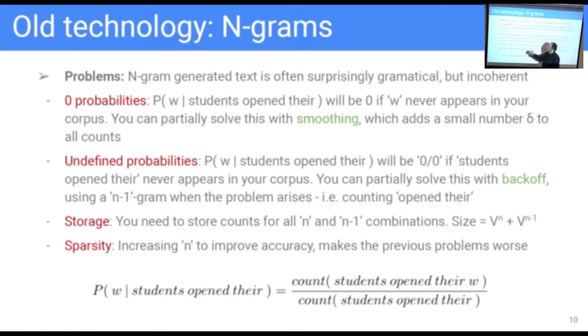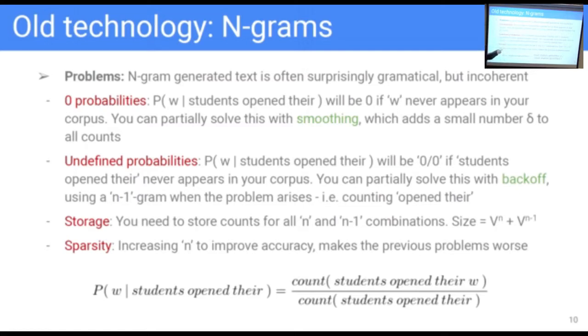And then another one is storage. How many words are there in English? 150,000, if you want to be a bit generous. Then this probability matrix is going to be extremely large, because you need to have many combinations of words. So there is no way you are going to be able to capture that.